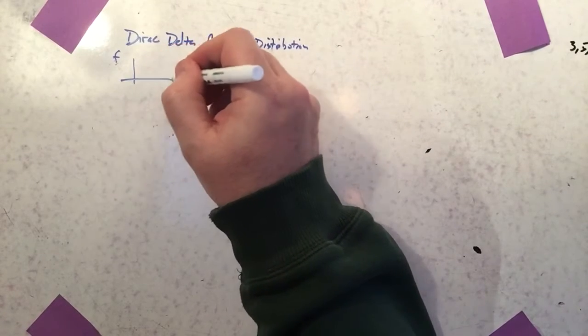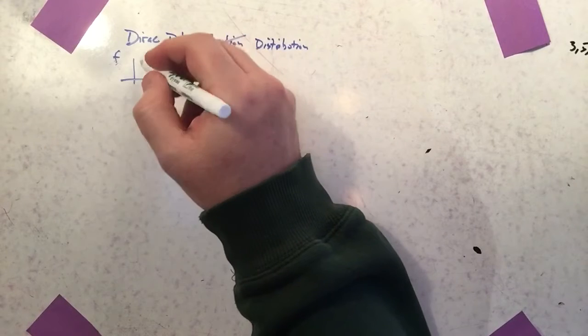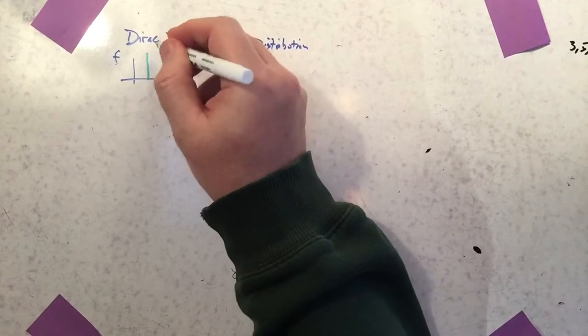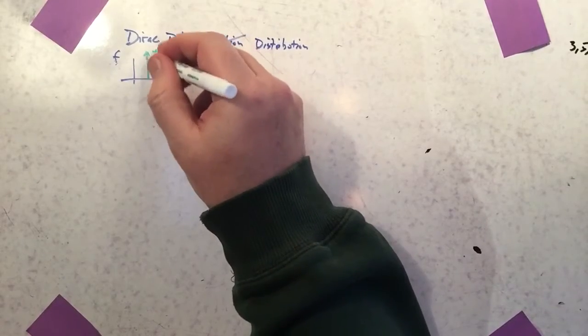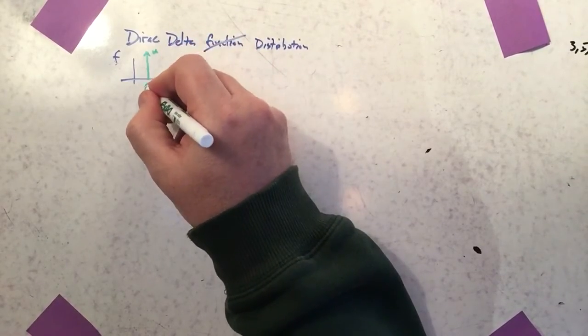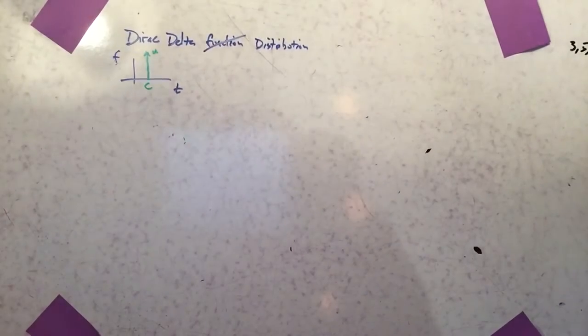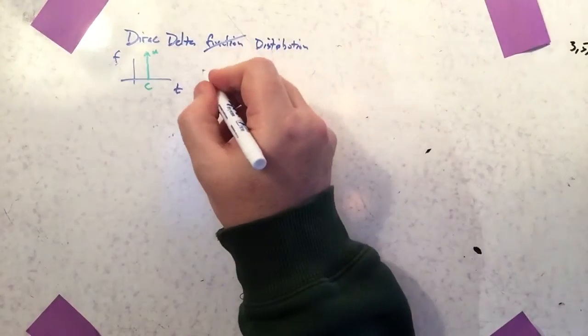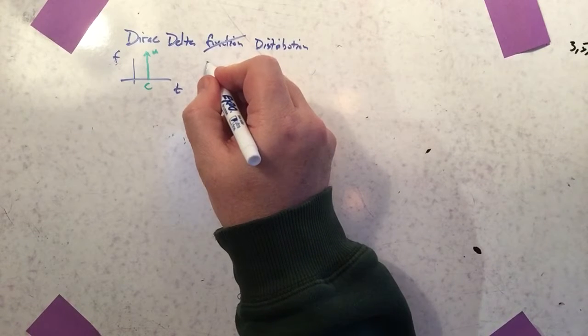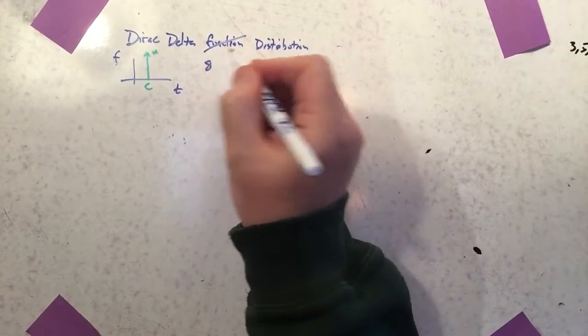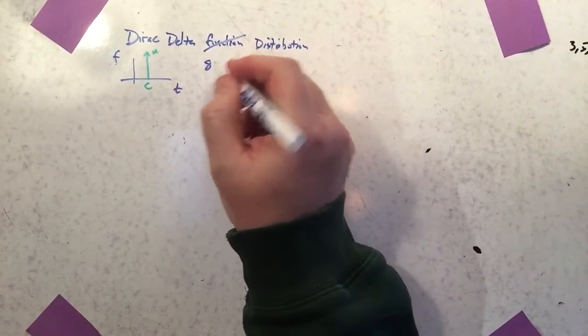So what happens is this function is zero everywhere except at one point, and at one point it becomes massively large. We're going to actually say it has infinite magnitude right there at point c. And that's of course what makes this a non-function. We're going to write down the symbolic notation of it. The Dirac delta function uses the Greek letter delta, and it kind of looks like the letter 8, except you don't quite finish it.